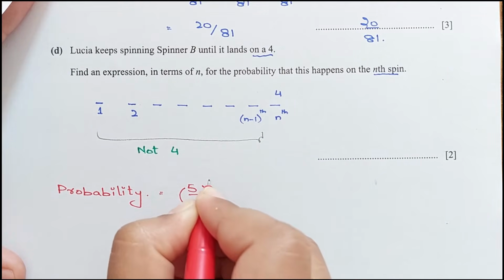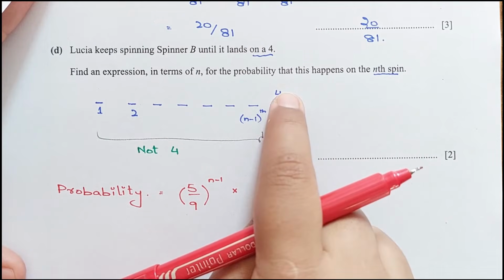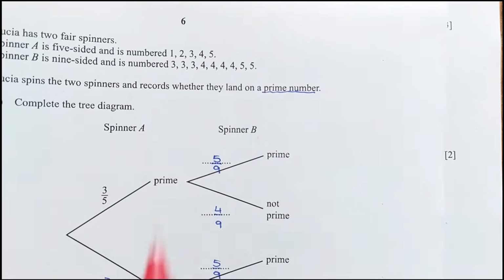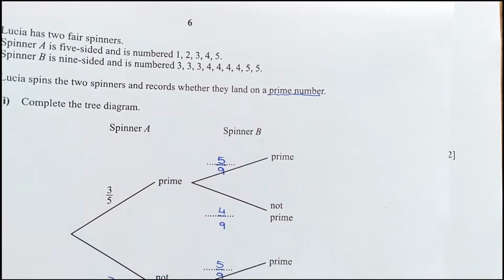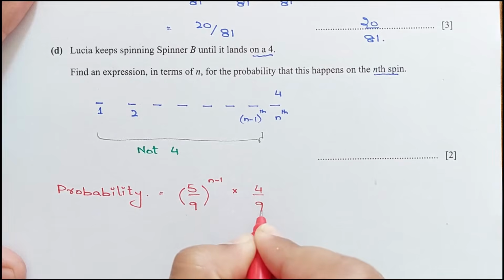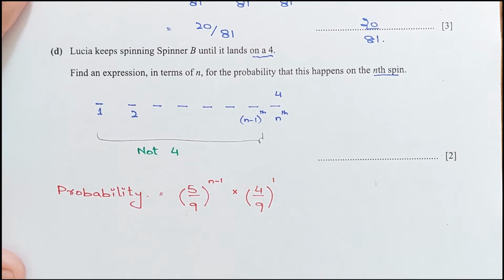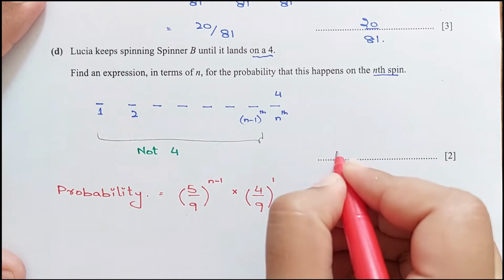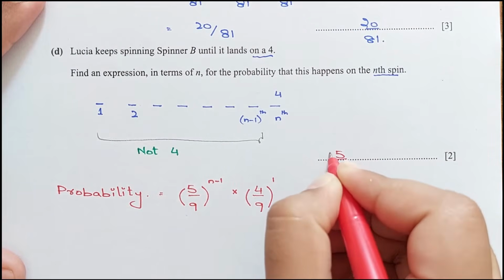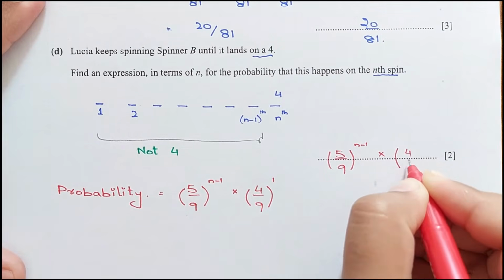This is n minus 1 times. Multiply by the nth spin, where you will get 4. The probability of 4 is 1, 2, 3, 4: 4 out of 9. You will get 4 out of 9 one time, and 5 out of 9 n minus 1 times. So that is the expression in n: 5 by 9 to the power n minus 1, multiplied by 4 by 9.